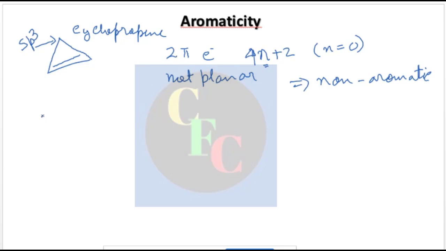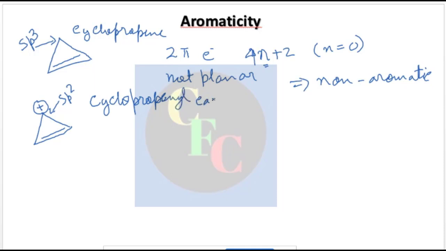Okay, now for the same system, if you have a plus here, that means you are taking out one of the carbon-hydrogen bonds with its electron and putting a positive charge on the carbon. Now this carbon also becomes sp2. This is called the cyclopropenyl cation, right?